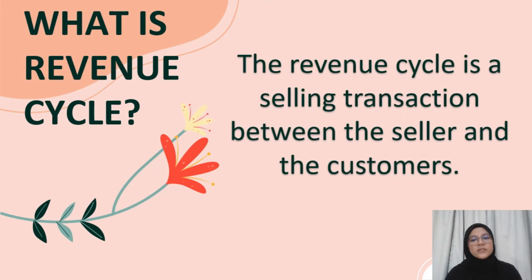Revenue cycle is a selling transaction between the seller and the customer. The process starts when the customer submits orders, followed by the seller delivering and billing the customer based on their orders. The final transaction will end by recording and collecting accounts receivable of their sales.